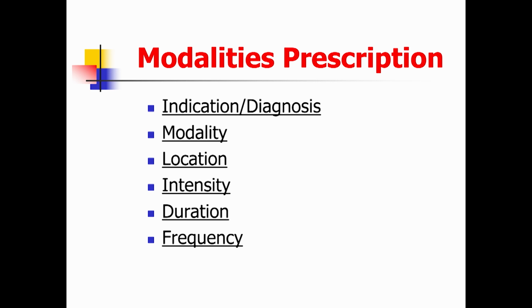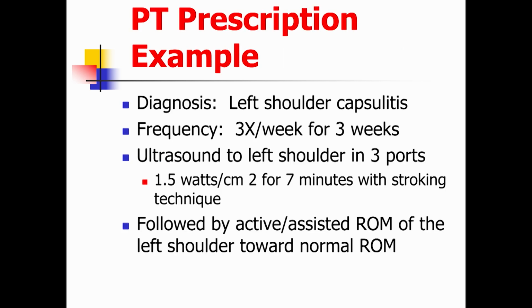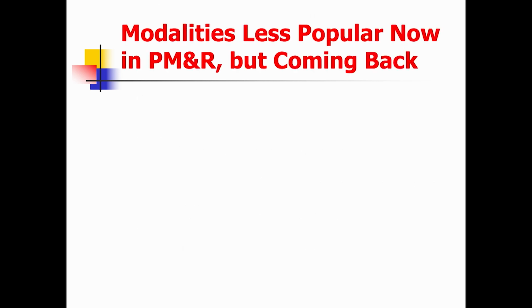I also put in a little line that says other as indicated, because they all have their own little pet treatment they like to do, and if I don't do that, they'll call me up and ask if it's okay. All right, so this is what we ultimately ended up doing, and we'll talk about why we use that particular one later on when we talk about ultrasound.